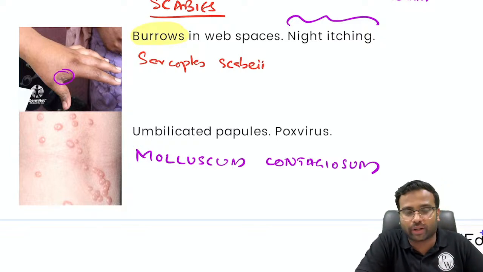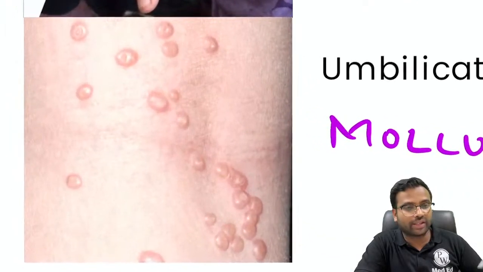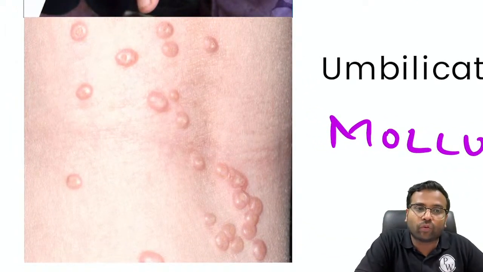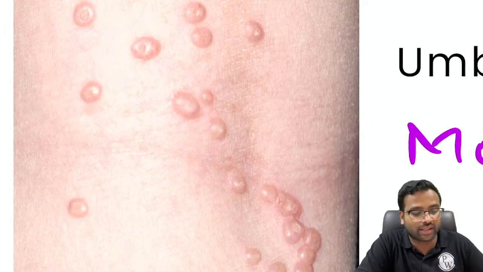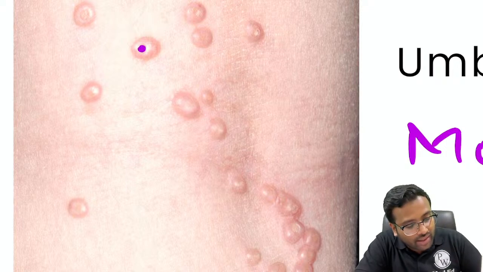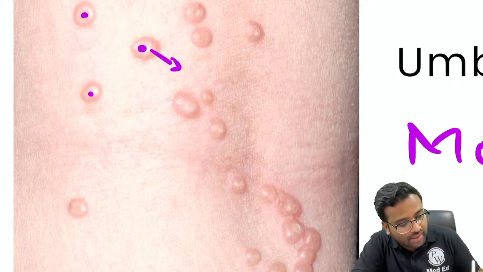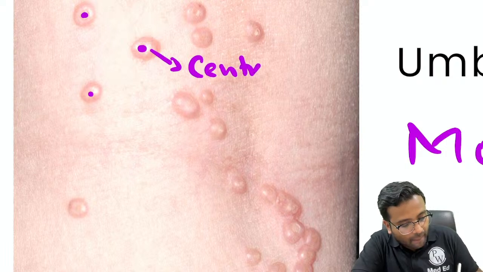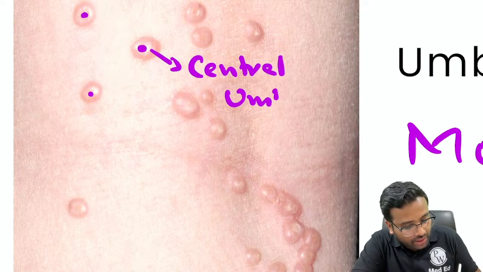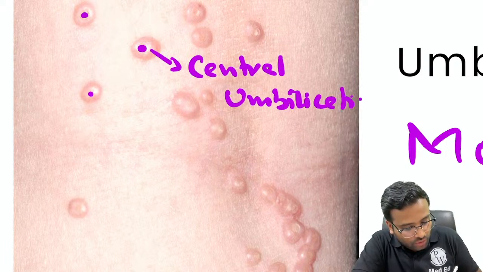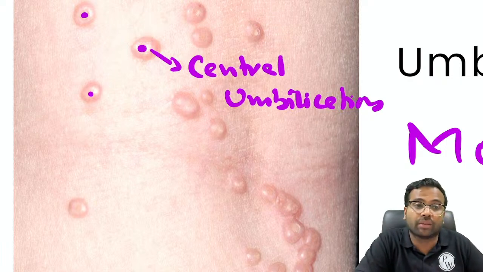Because it's a spot diagnosis. We see this image and one thing strikes your eyes, isn't it? You can see that there is a central umbilication, which is very typical of what you can see in molluscum contagiosum.